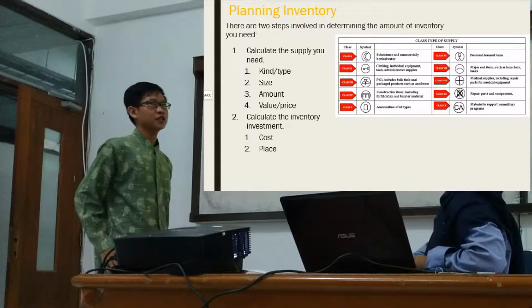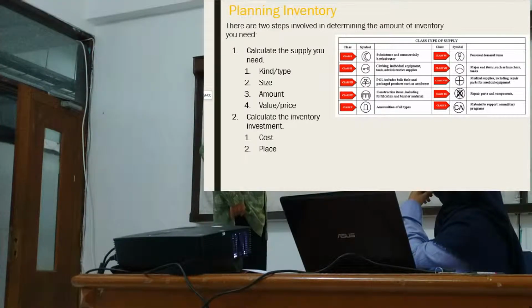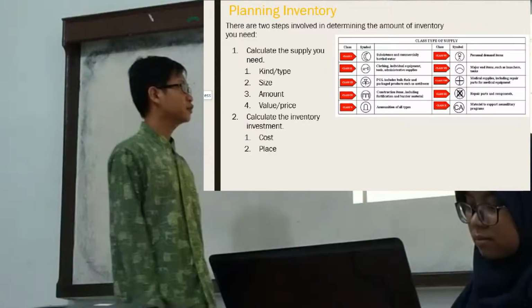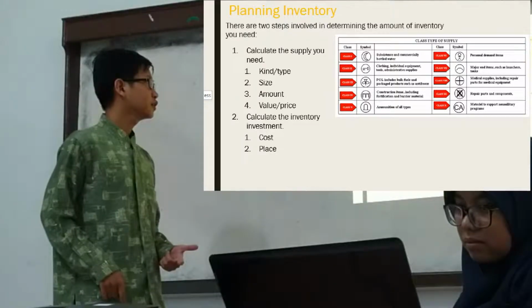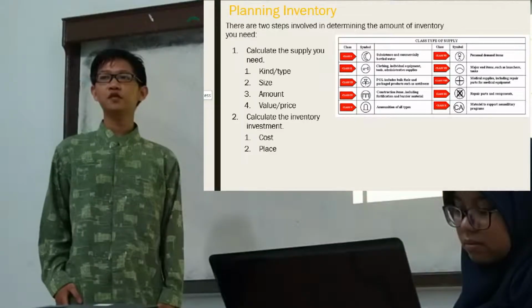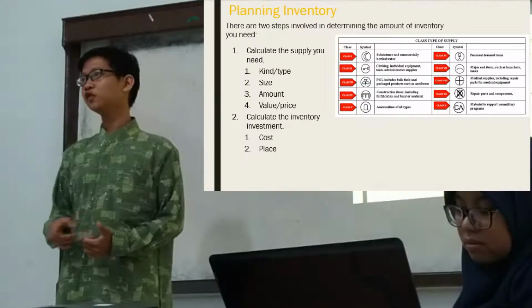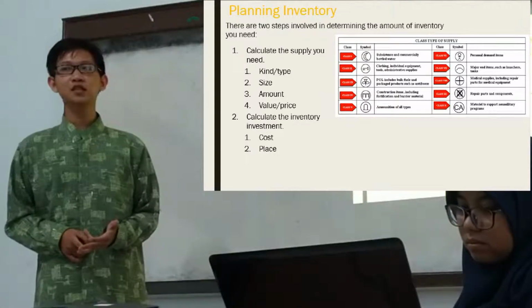Planning inventory. There are two steps involved in determining the amount of inventory. The first is calculate the supply need. The first, what kind of supply, the size of the supply, the amount, and the price. The first, what type is it? It is food, component, electronic, or raw material.